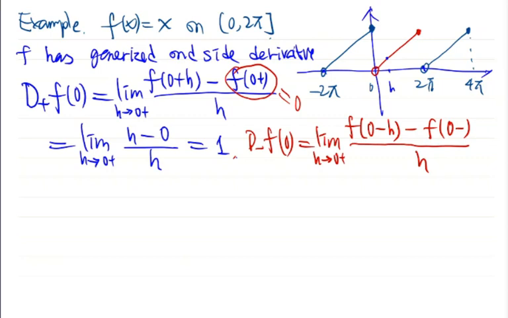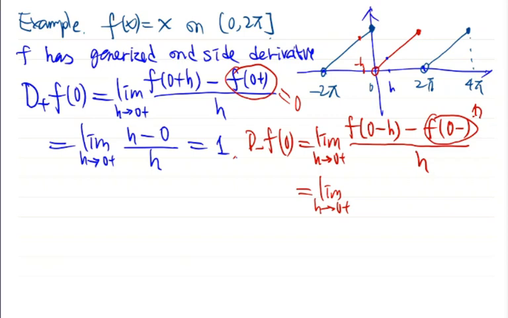Because h is positive, minus h is negative, so minus h is here. So the value of f at this point is this point. And the limit from the right, what's this? This is 1.